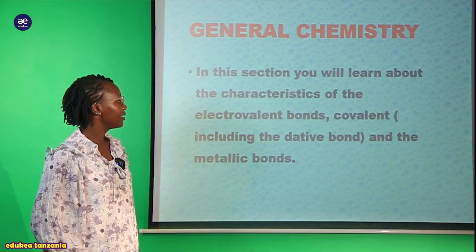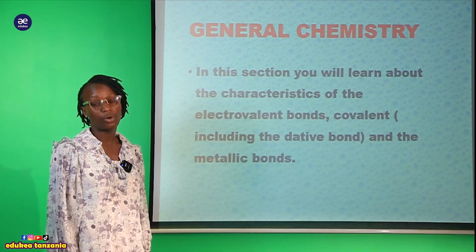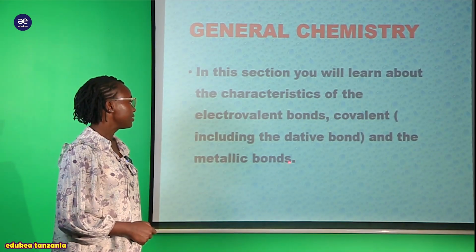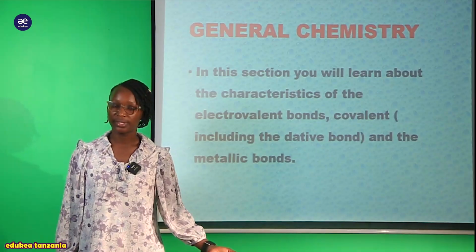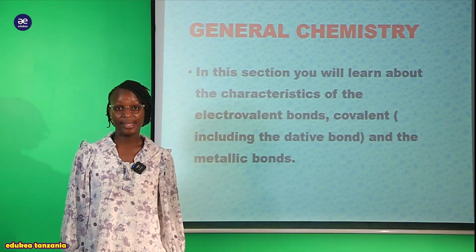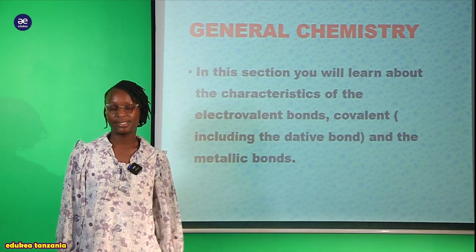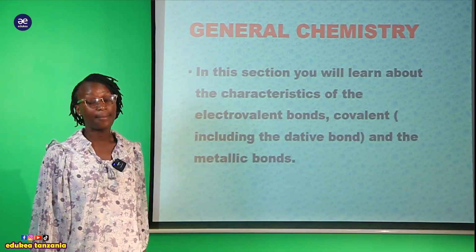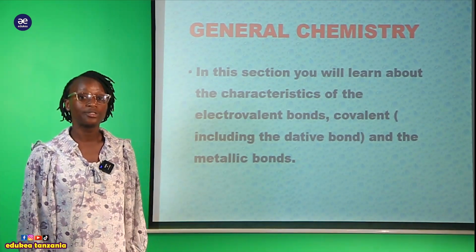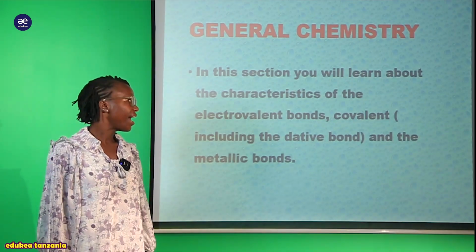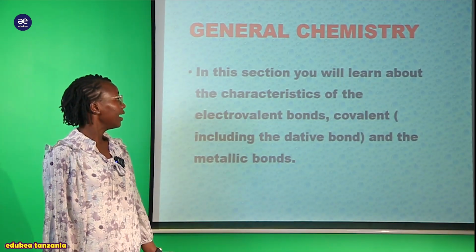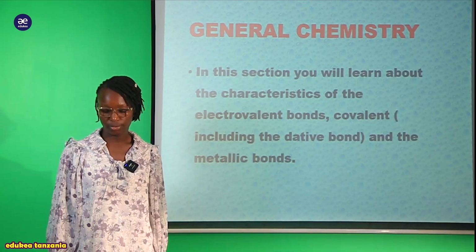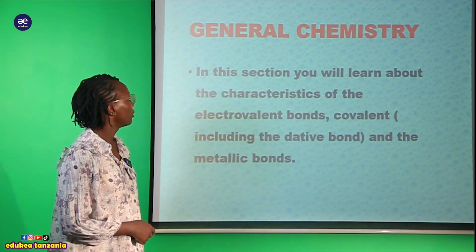We will also understand the properties, or we can say characteristics, of the metallic bond. After we cover those types, we will see their characteristics: the characteristics of ionic, covalent, including the dative bond, and also the characteristics of the metallic bond.